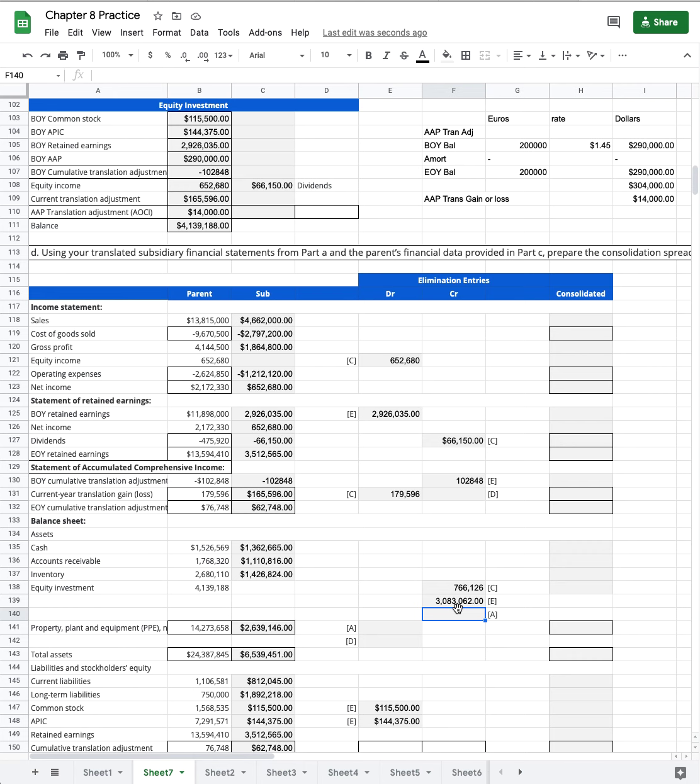And then next on the adjustment list, we have our A transactions to allocate the beginning of the year AAP by eliminating the remaining investment account. And so we can just reference up to B106.